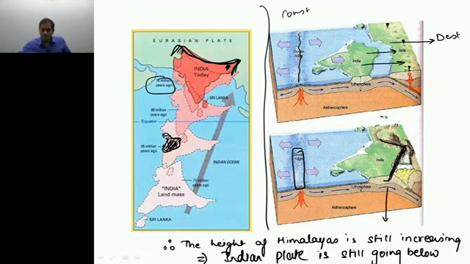A recent example is the Nepal earthquake. Why? Because of the movement of the Indian plate below the Asian plate. So this is how you can relate the geography, relate the plate tectonics, and thus how plate tectonics explains most of the major phenomena on the surface of the earth, that is, why there is a presence of mountain systems, why there is a presence of volcanoes, why there is a presence of mid-oceanic ridges.